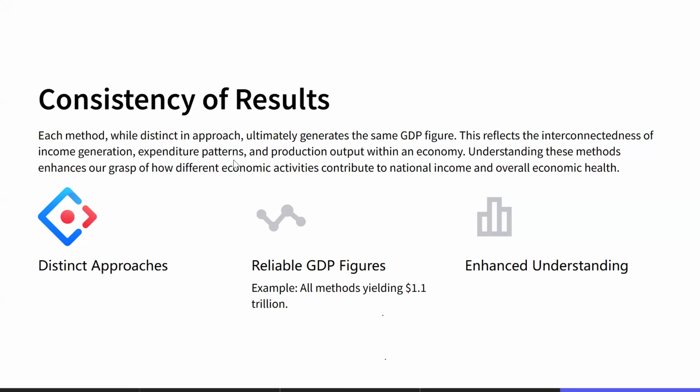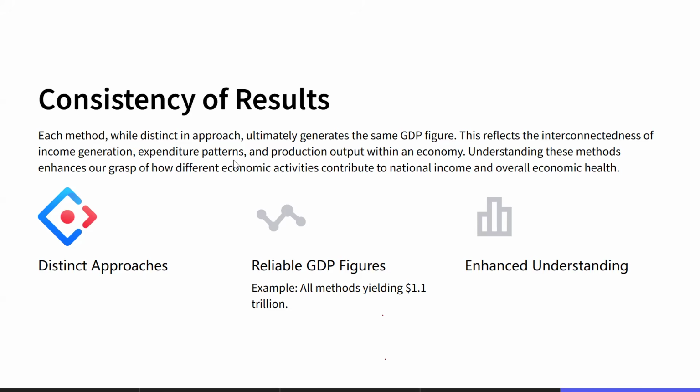Or I could look at it as, if I sell this doubles, I will get $6. That is me looking at it as the income method. So I could spend $6 and get a doubles, or I could sell a doubles and get $6. Or if I look at it at the output method, I would say this doubles is worth $6. So I looked at it in three completely different ways.